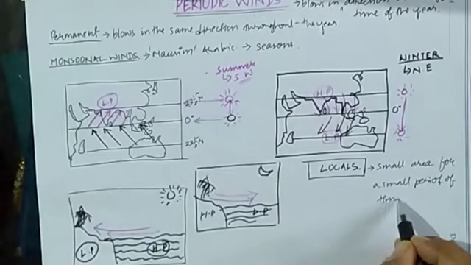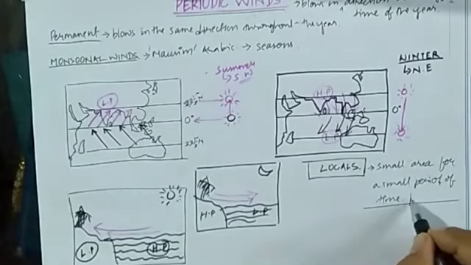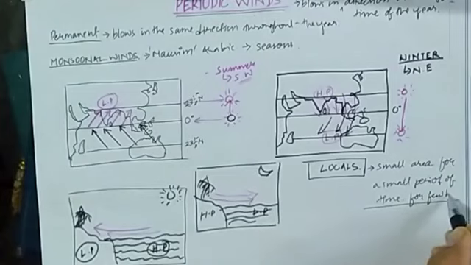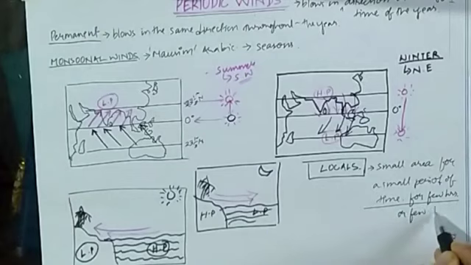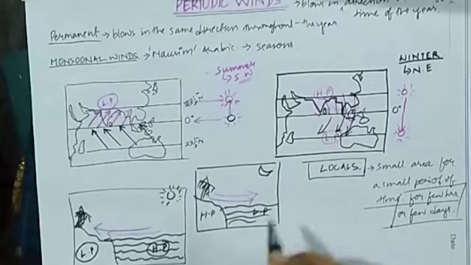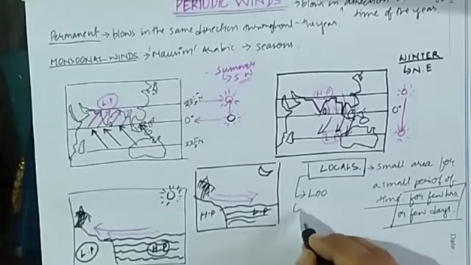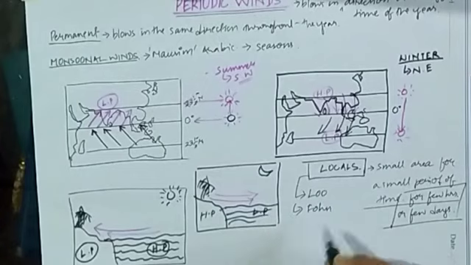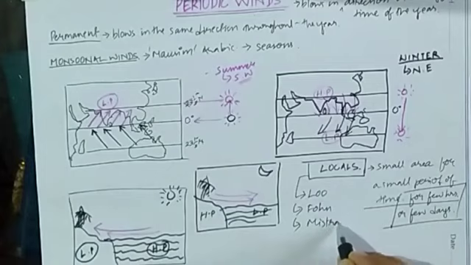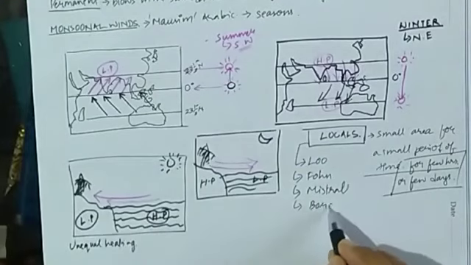Small period of time may be for a few hours, or for a few days it could be. Understood? So there are different examples of the local winds also. For example, Lu. Then Foehn is also there, isn't it? And Mistral is also there. There are many other examples also, like Bora.